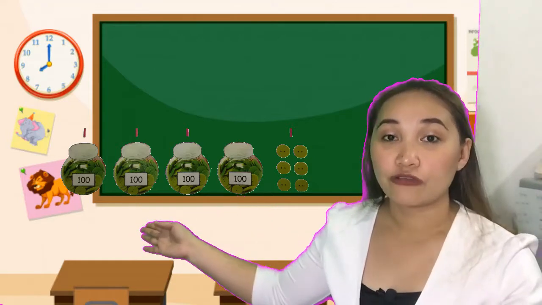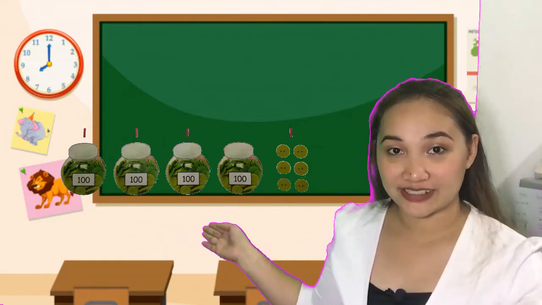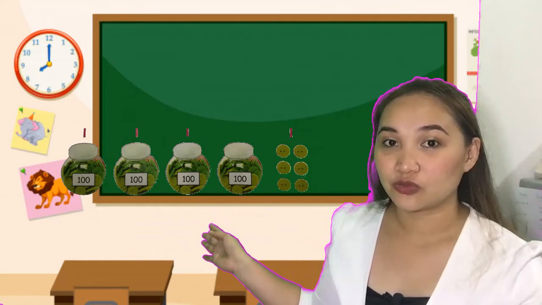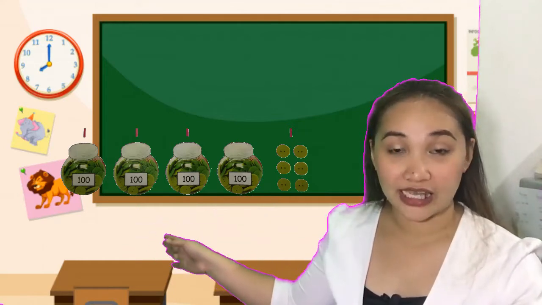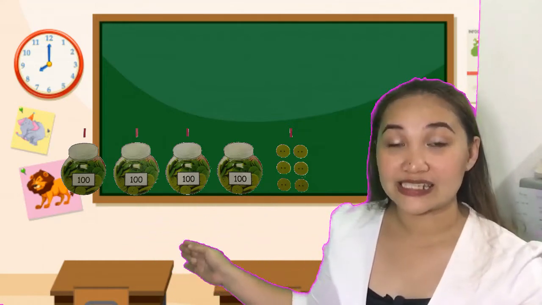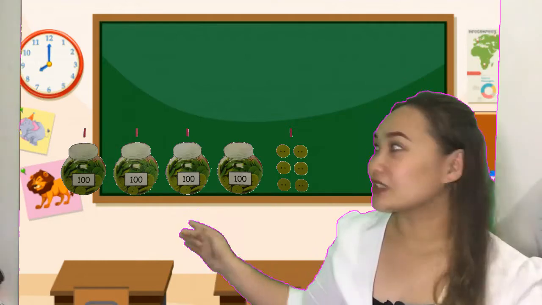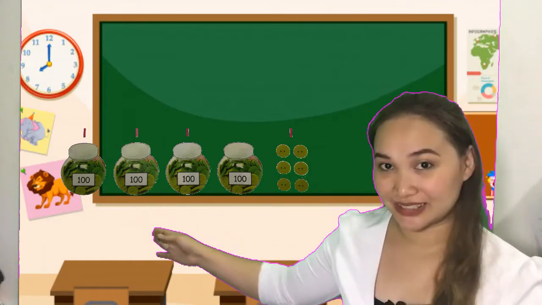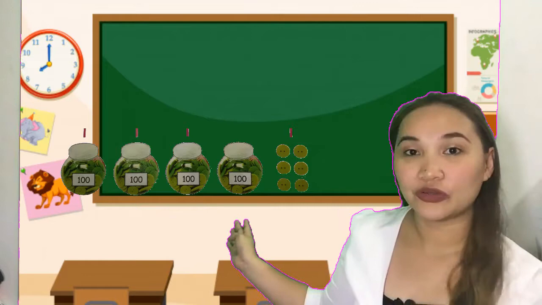We have 4 jars here filled with 100, so 400 green buttons.